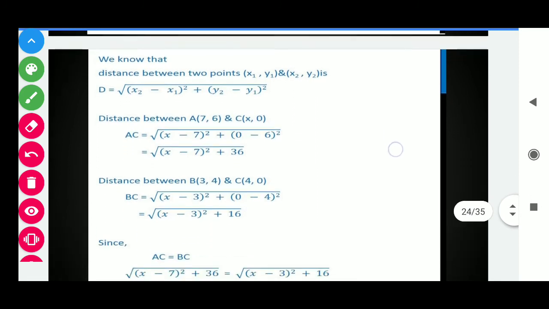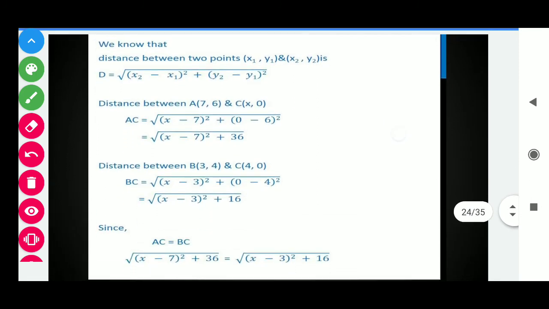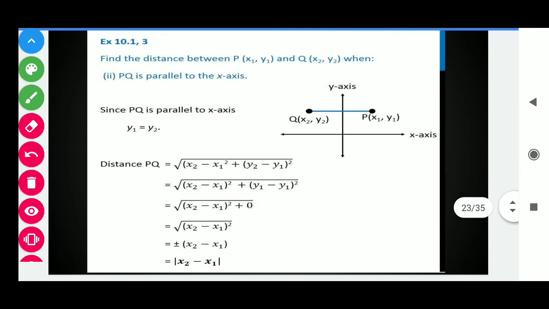We know that the distance between two points (x1, y1) and (x2, y2) is this one. Students, from the previous question, they asked us to find PQ when PQ is parallel to the x-axis. Whenever the line is parallel to the x-axis, y remains the same. In this way we get the answer: the distance PQ is the modulus of x2 minus x1. So this is your answer.